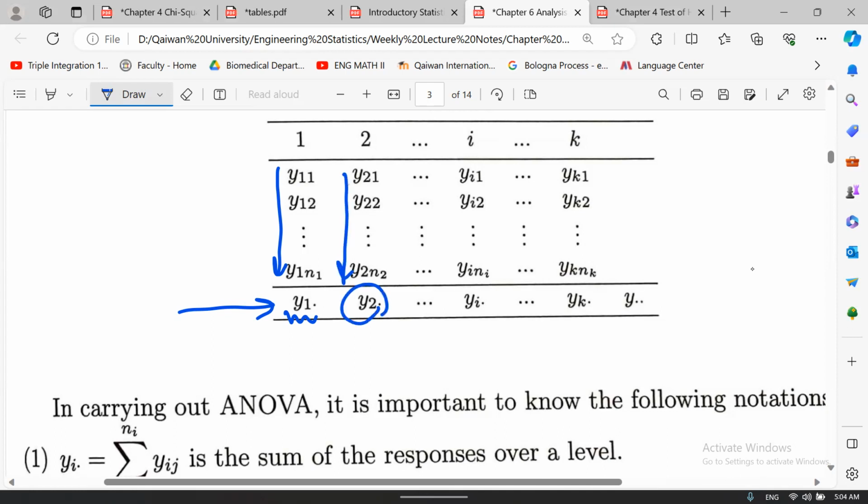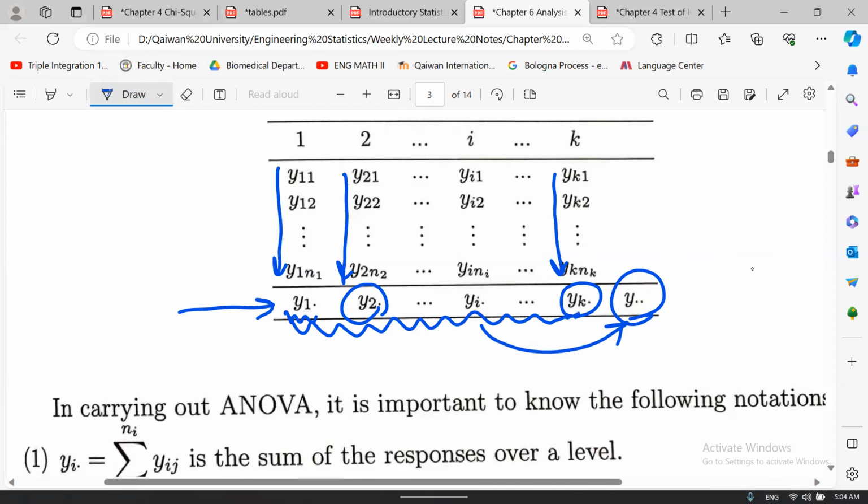We write down the total at the end, in the last row. Here, the sum of these elements is called YK dot. And Y double dot is the sum of all elements that we have for all groups.